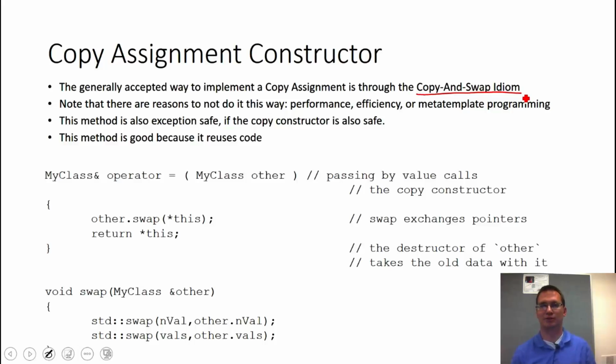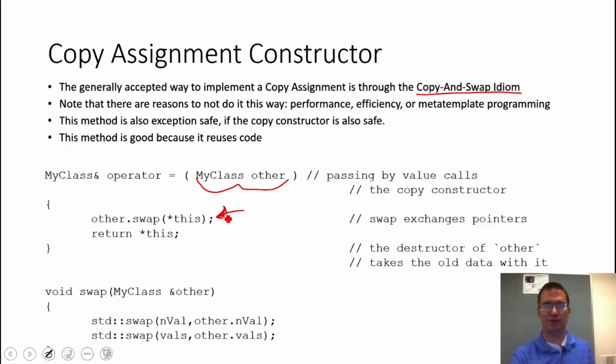So the idea here is that we're going to pass by value. Okay, and so this calls the copy constructor. So we're reusing the copy constructor. At which point, all we have to do is swap.